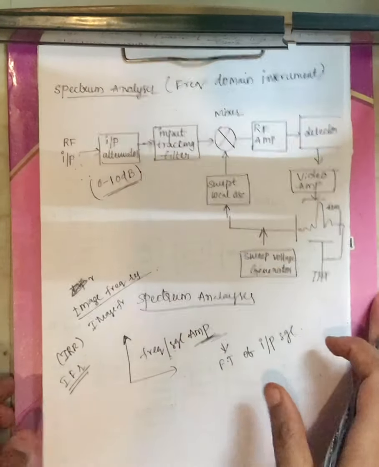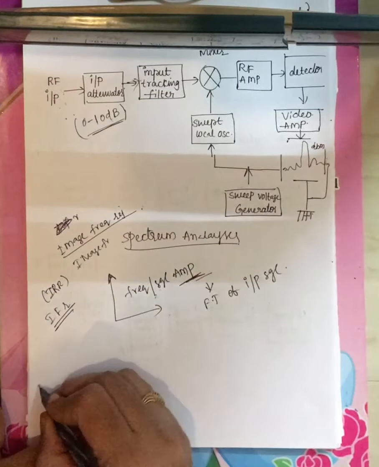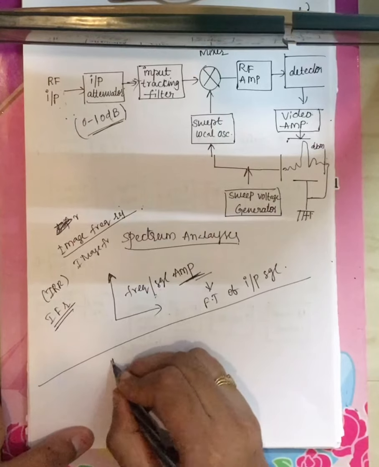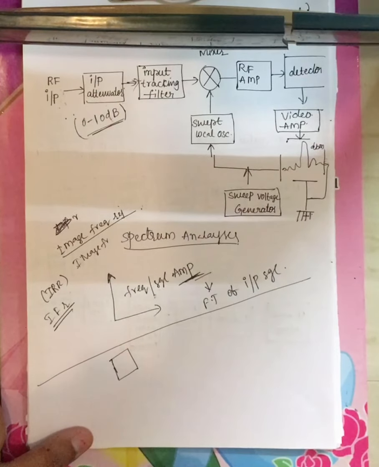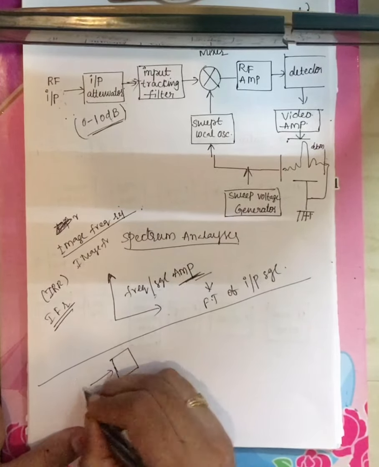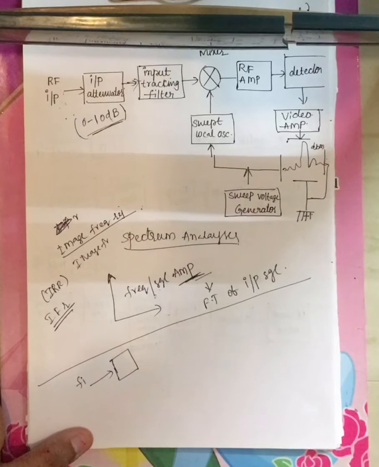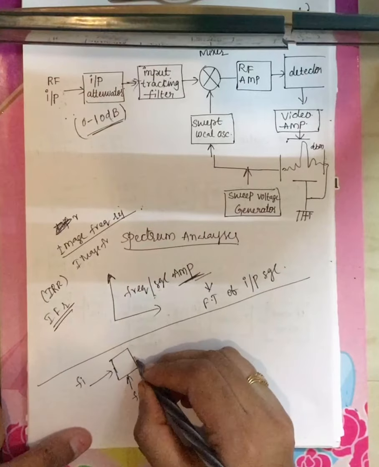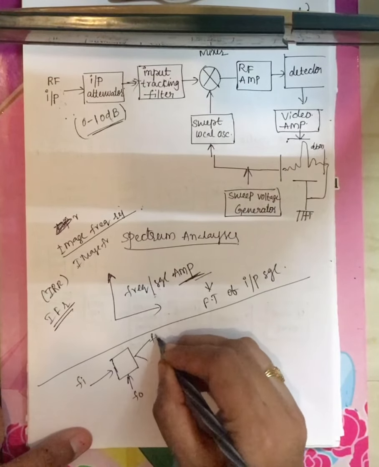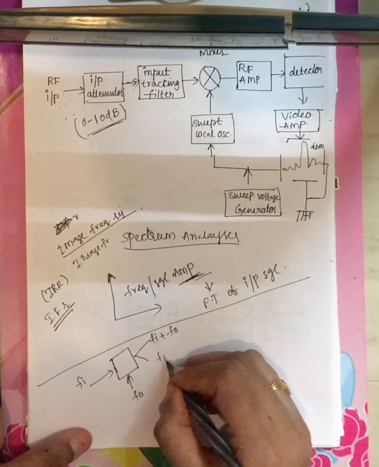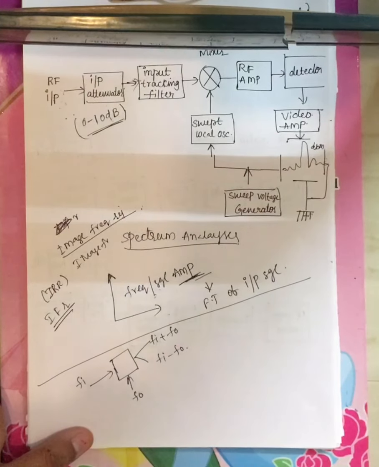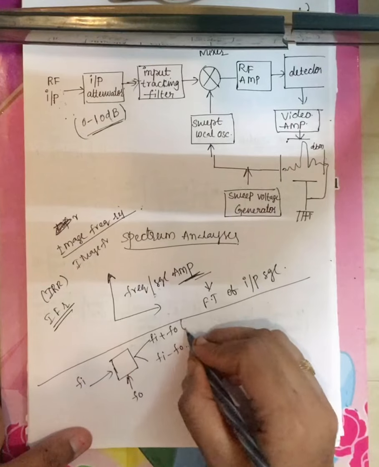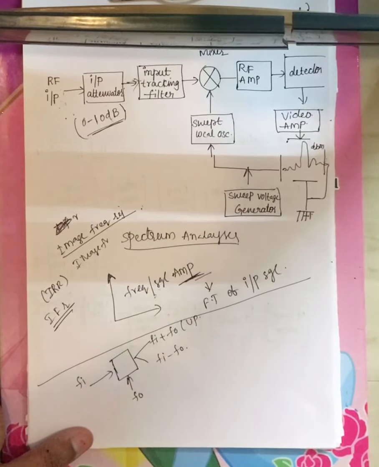Now what is IRR? As I said, consider this is your mixer. To this we give an input signal with frequency Fi and a local oscillator signal with frequency F0. The output of the mixer will be either Fi plus F0 or Fi minus F0, and depending on the operation of the mixer, you can either up convert or down convert the signal.